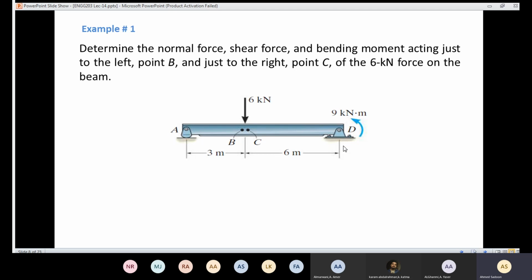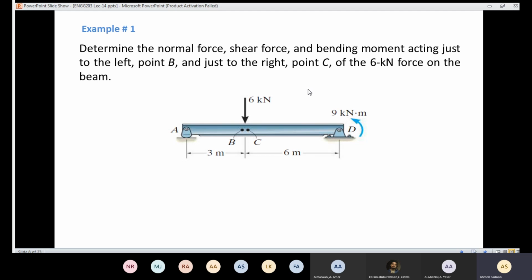Here we have a pin support, which means that I'm going to get Dy and Dx. And the question here, we need to determine the normal force, shear force, and the bending moment. We need to calculate N, V, and M.